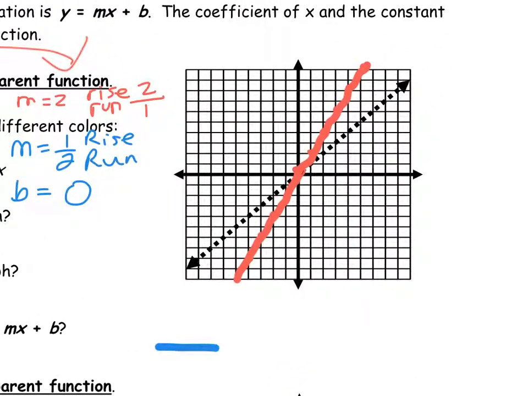Okay, so it says that my b is 0, so I'm going to start my graph at 0 again. And this time I'm going to rise 1, run 2, and put a dot, and repeat.